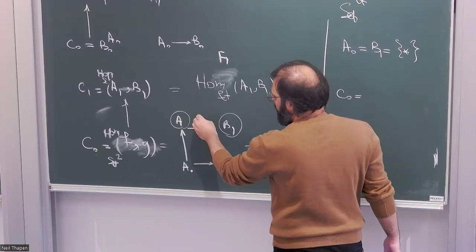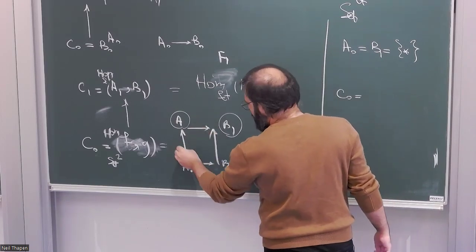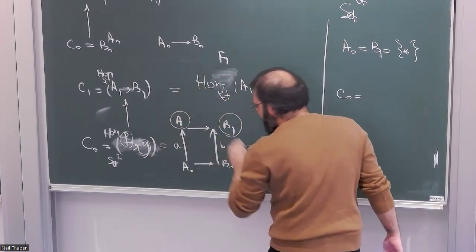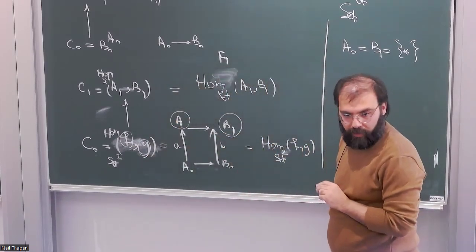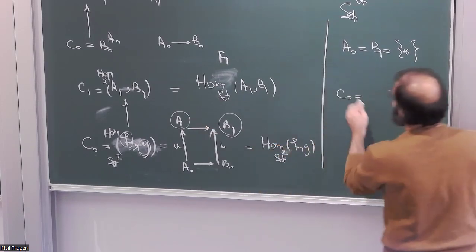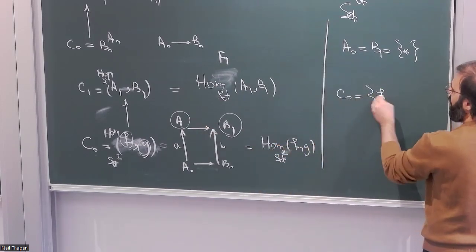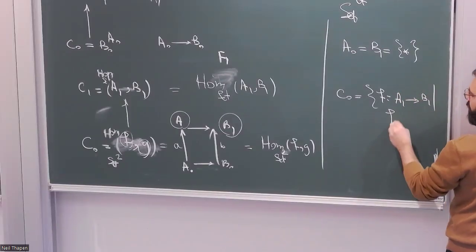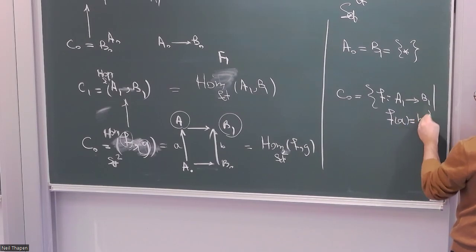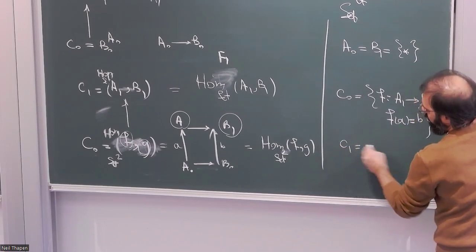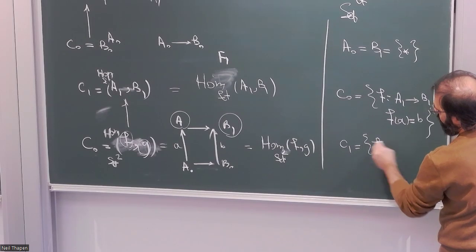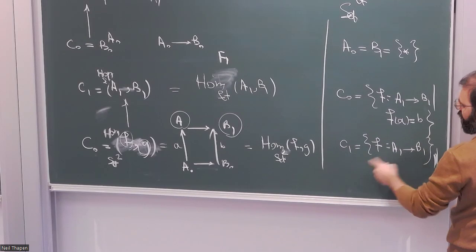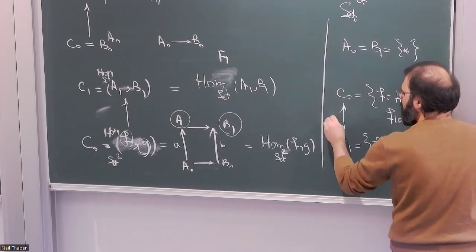So simply, because your F and your G are fixing two elements, let's say A and B here, your C0 is just a set of all maps from A1 to B1 such that F of A is B, and your C1 is all the functions. And your map is just inclusion.